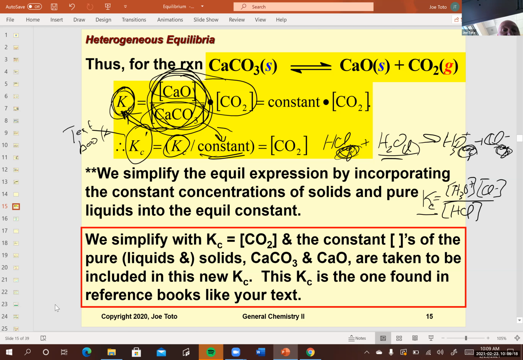So this here is this here. Okay, thank you. And so we divide that out. We call that the new constant that has incorporated the solids in it. And now we're only left with that. Thanks for the question.